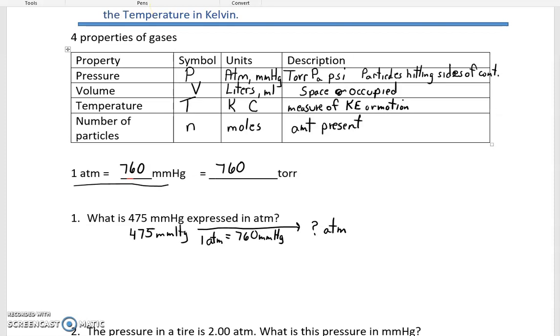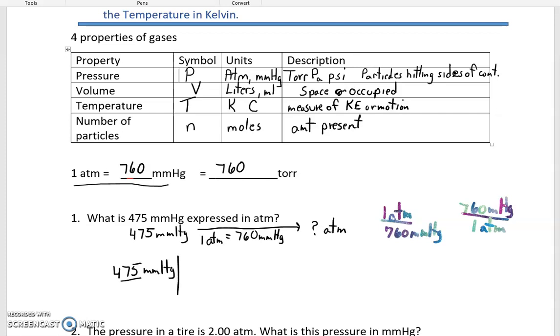We can write that 1 atmosphere over 760 millimeters of mercury, or we can do 760 millimeters of mercury over 1 atmosphere. So let's write our problem. Let's go back to boring black. 475 millimeters of mercury.